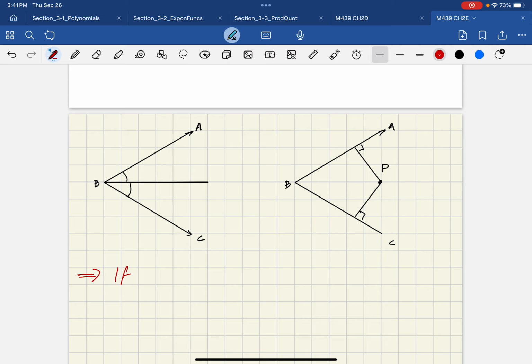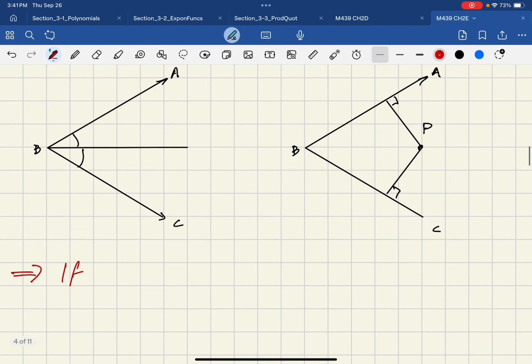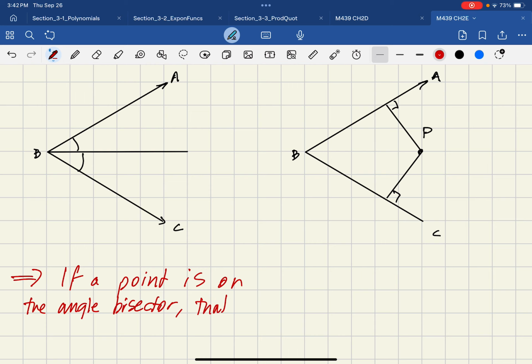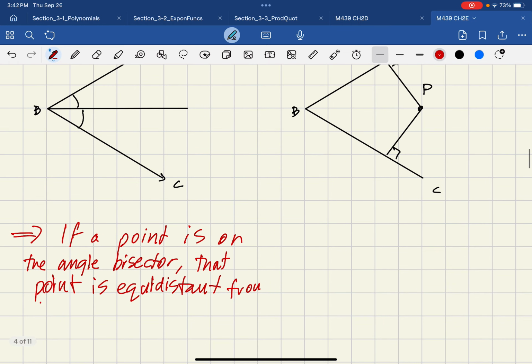If a point is on the angle bisector, that point is equidistant from the sides of the angle.